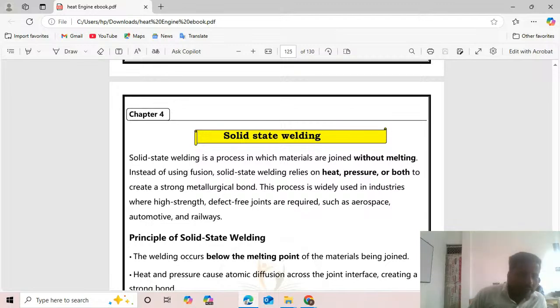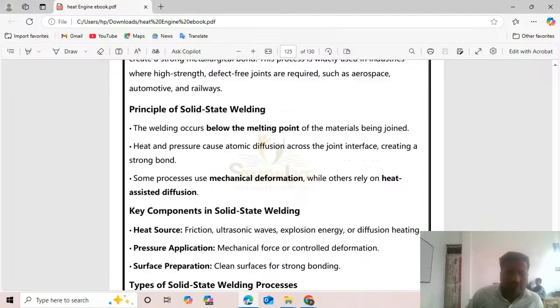Solid state welding is the process in which materials are joined without melting, instead of using fusion. It relies on heat and pressure both to create a strong metallurgical bond, and is widely used in industry where strong, defect-free joints are needed, such as aerospace. There is no extra material here; we use speed, pressure and temperature, and on that basis we can join the metal.